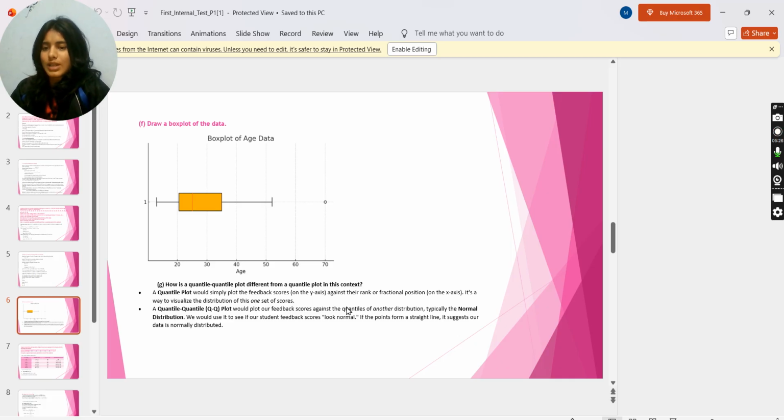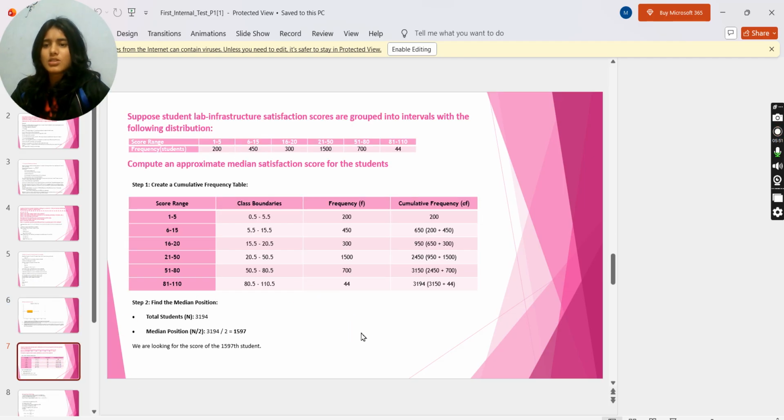It's a way to visualize the distribution of this one set of scores. A QQ plot would plot the feedback scores against the quantiles of another distribution, typically the normal distribution. We would use it to see if our student feedback scores look normal. If the points form a straight line, it suggests our data is normally distributed.